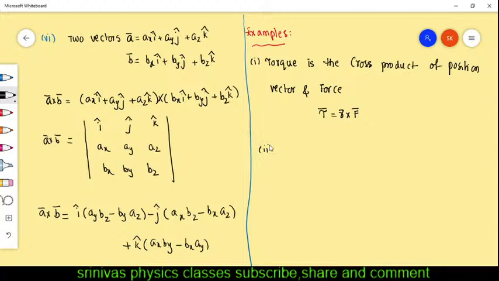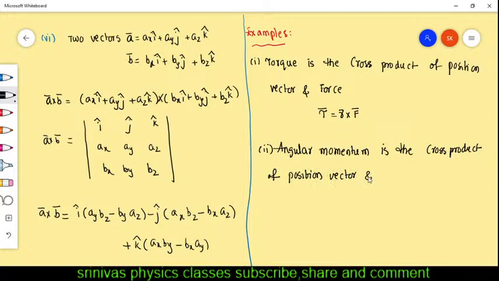Next, second point is angular momentum. Angular momentum is the cross product of position vector and linear momentum.